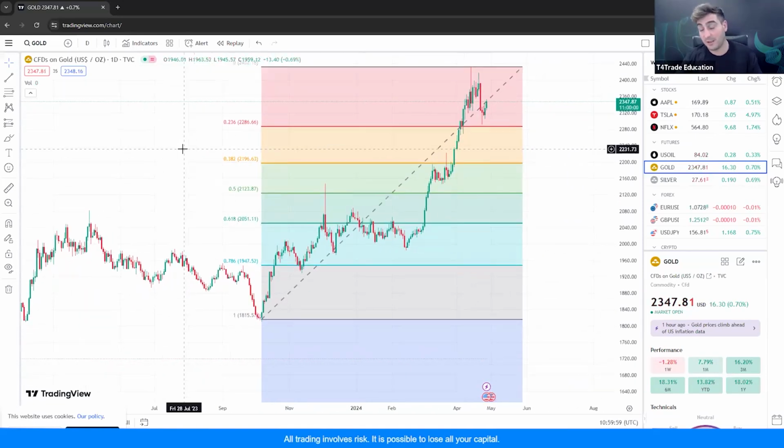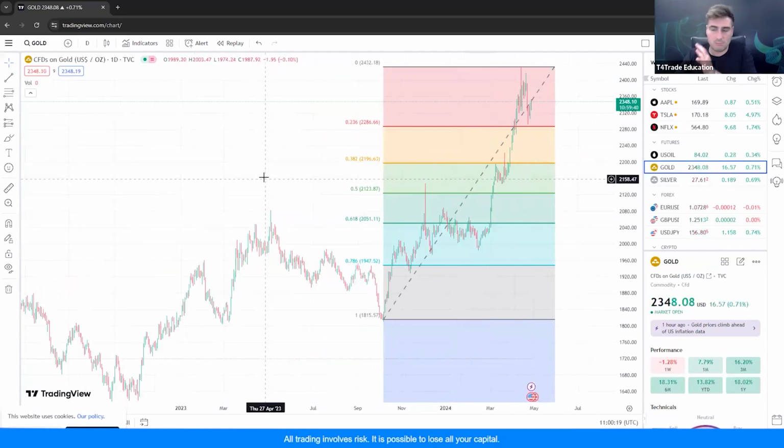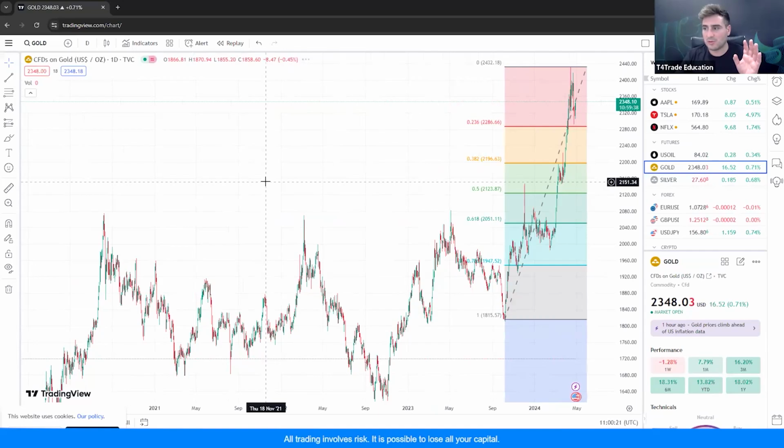There's certainly loads of speculation surrounding gold for the time being. We will see whether this is going to be a mere pullback, or whether this has been the end of the pullback, or whether we're going to see a much sharper retracement from gold. So let's do something else.